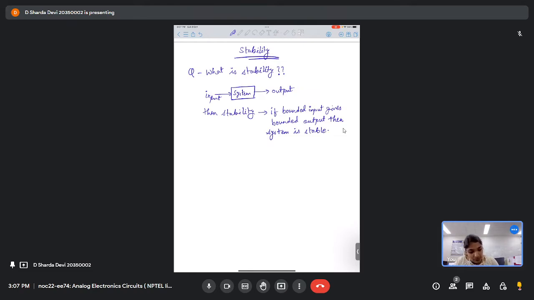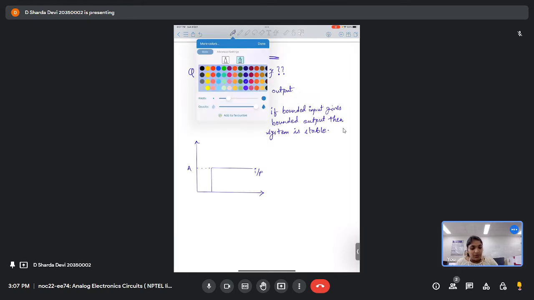Now, what do we mean by bounded input and bounded output? So let's say we have a step input. So its value is, let's say, A, amplitude is A, and this is a step input. So what do I mean by bounded output?